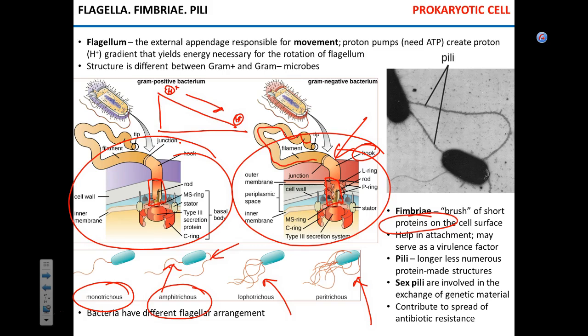Is fimbriae a phenotypical trait? It is. So it is encoded by what? Genes. When a bacterium has fimbriae and can attach to a surface, compared to a counterpart that does not have fimbriae, which one is more virulent? With the fimbriae. Does that make sense? It's another virulence factor.